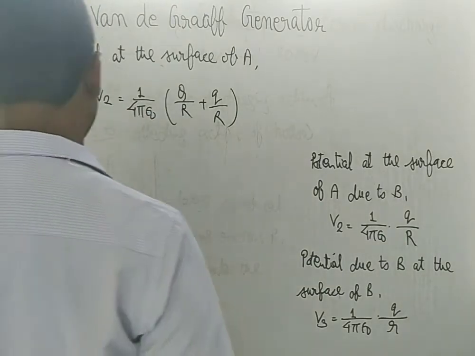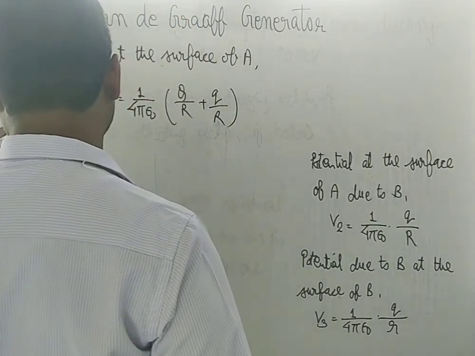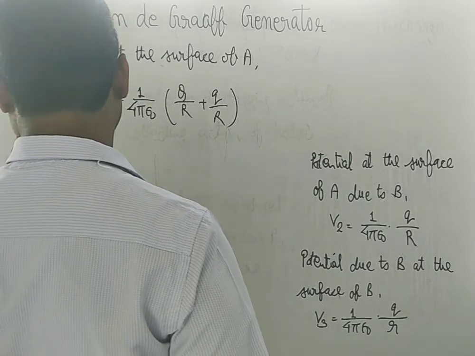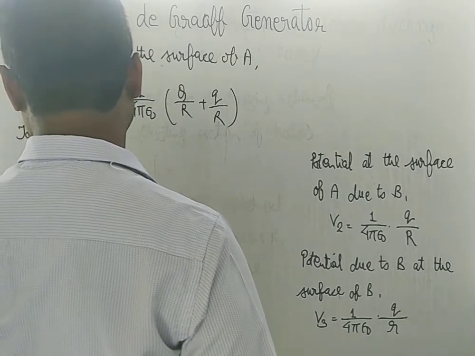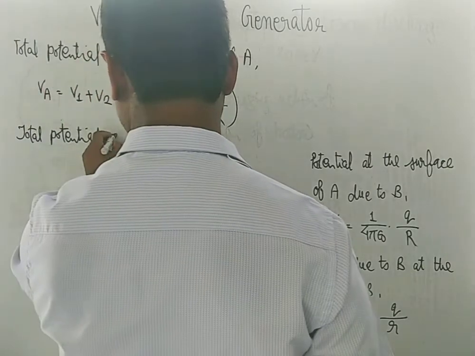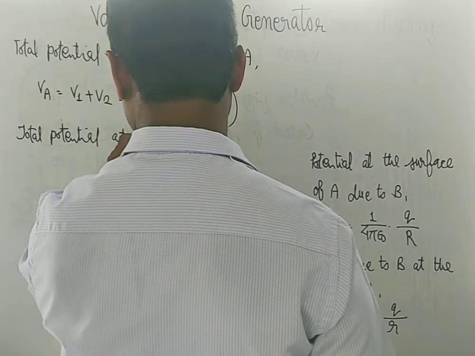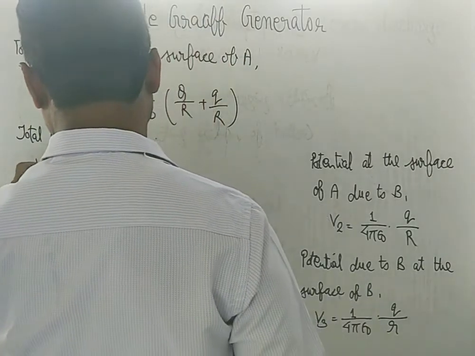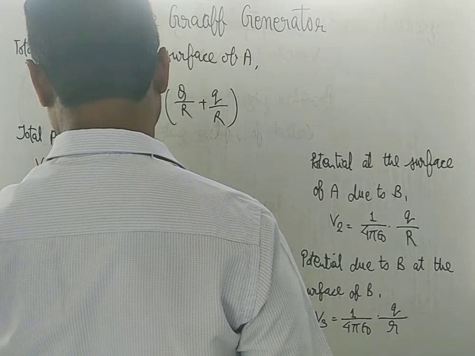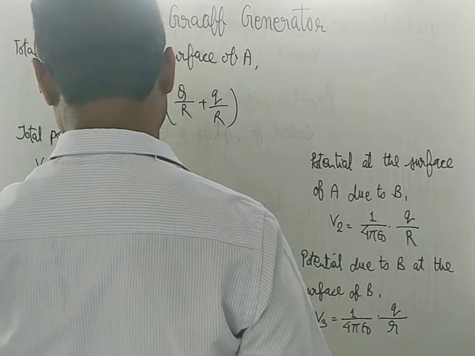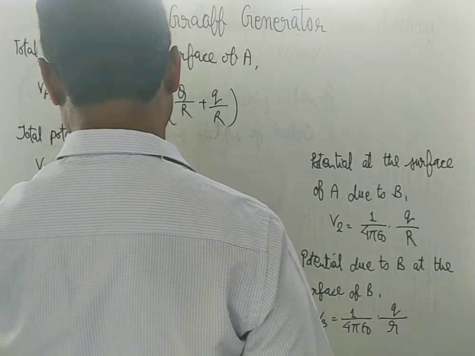Okay, now thereafter we can write the total potential at the surface B. Let me call this VB, and this is equal to V1 plus V3.